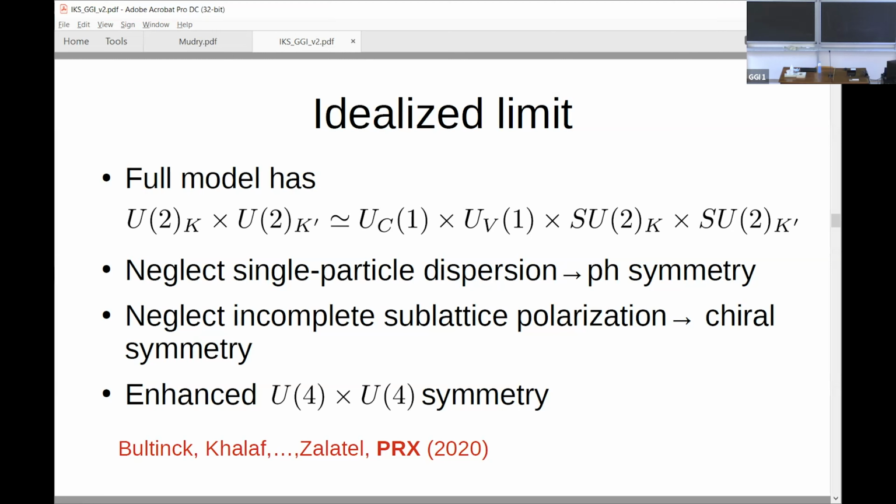Essentially, the Hamiltonian anticommutes with sigma z, where sigma z is the Pauli matrix in sublattice space. Together, these two additional symmetries give us this enhanced U4 cross U4 symmetry. And this is going to be the manifold within which we construct these strong coupling phases.